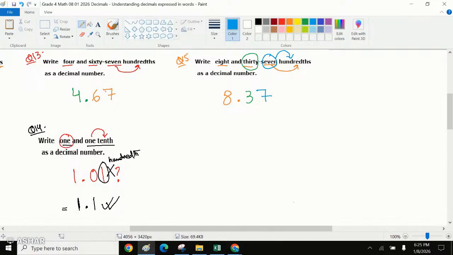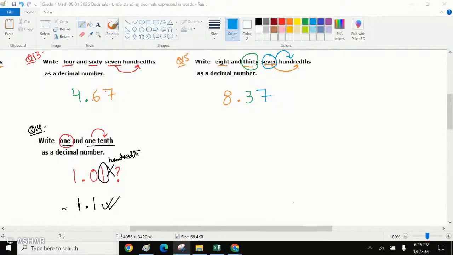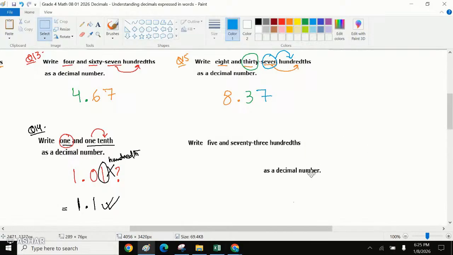One more question and then we go to the test. Write 5 and 73 hundredths as a decimal number. 573 hundredths.